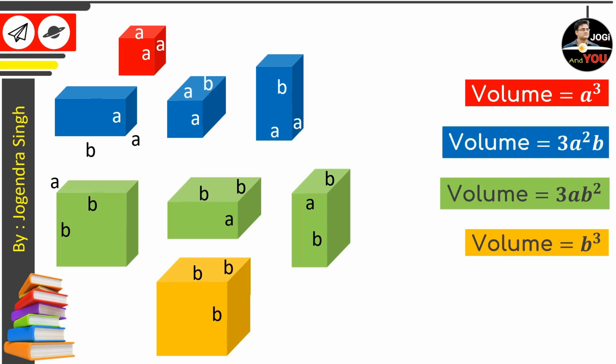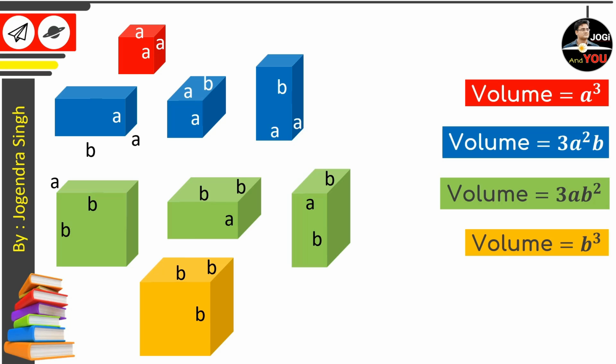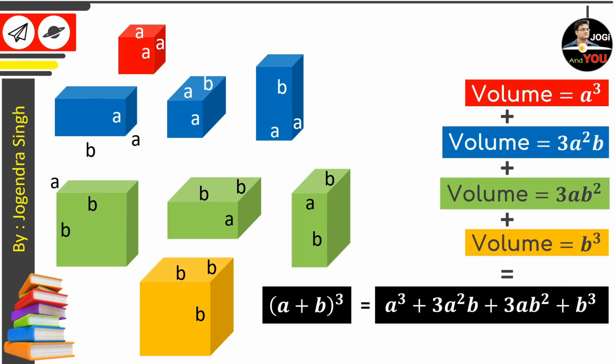And on the other hand, we have all the volume formulas which we got from these pieces. We have already found the volume for all these pieces, which is nothing but (a+b) the whole cube, and you would be able to get the right side of the equation by adding all these volumes, which is a cubed plus 3 a squared b plus 3 a b squared plus b cubed.